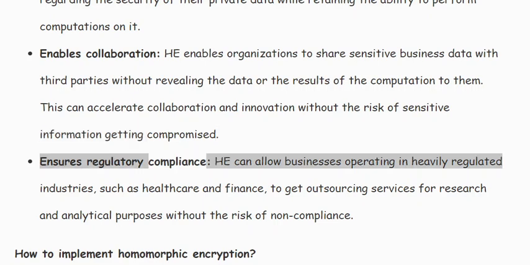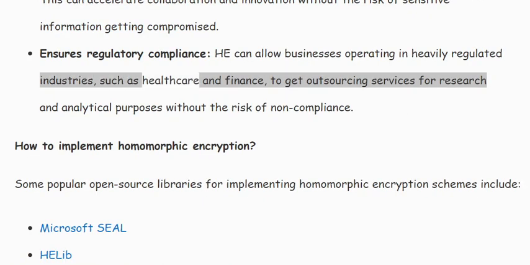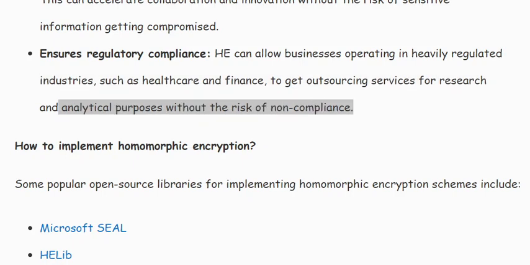Ensures regulatory compliance. HE can allow businesses operating in heavily regulated industries, such as healthcare and finance, to get outsourcing services for research and analytical purposes without the risk of non-compliance.